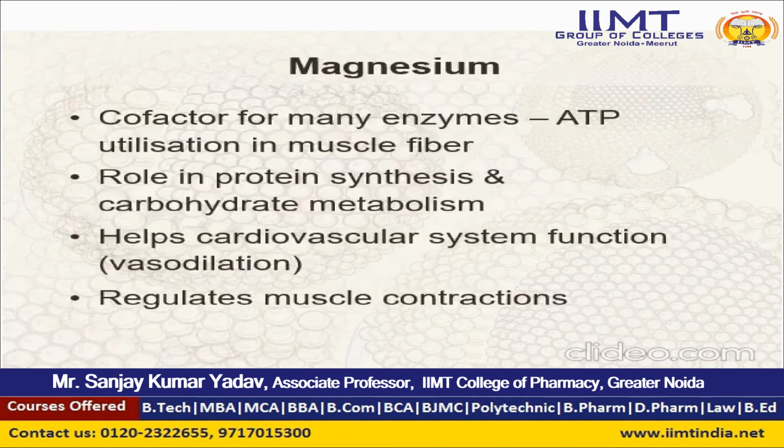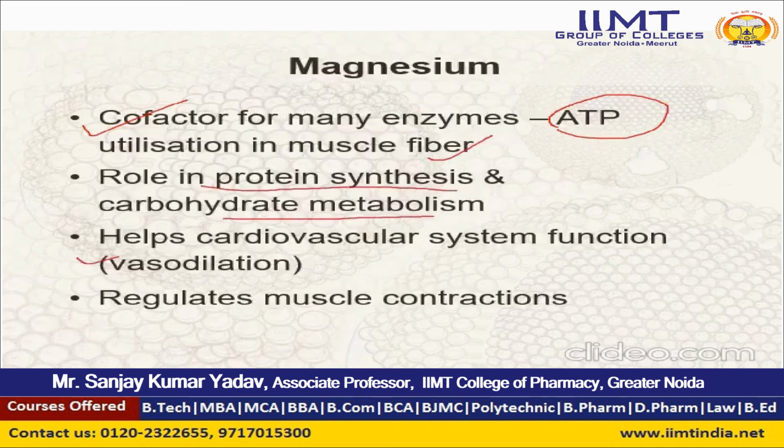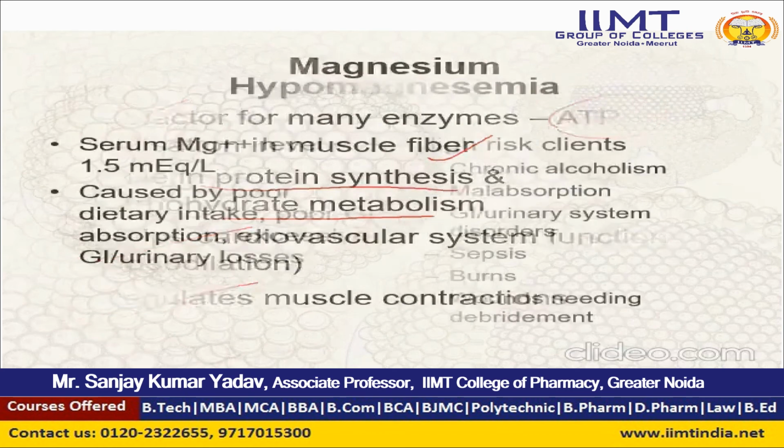Here you can see it is a cofactor for many enzymes, for adenosine triphosphate, ATP utilization in muscle fibers, then a role in protein synthesis, carbohydrate metabolism, then it is very useful for vasodilation in the cardiovascular system, and next it regulates muscle contraction. So it is a very important electrolyte present in body fluids. So you can go through.